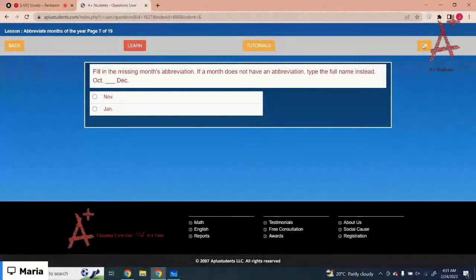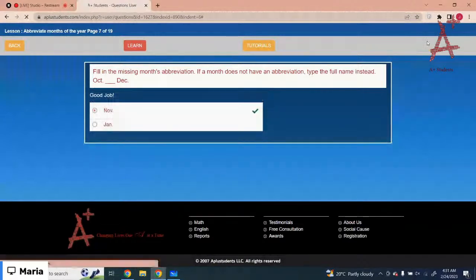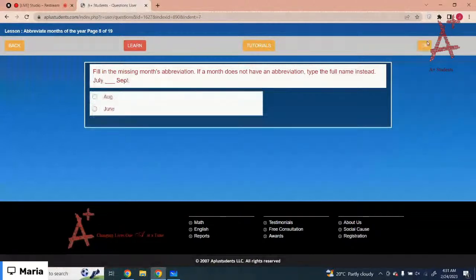Right after October, we have November. Okay, July and September. Which is the month between July and September? Yes, that would be August. So the correct option is August.